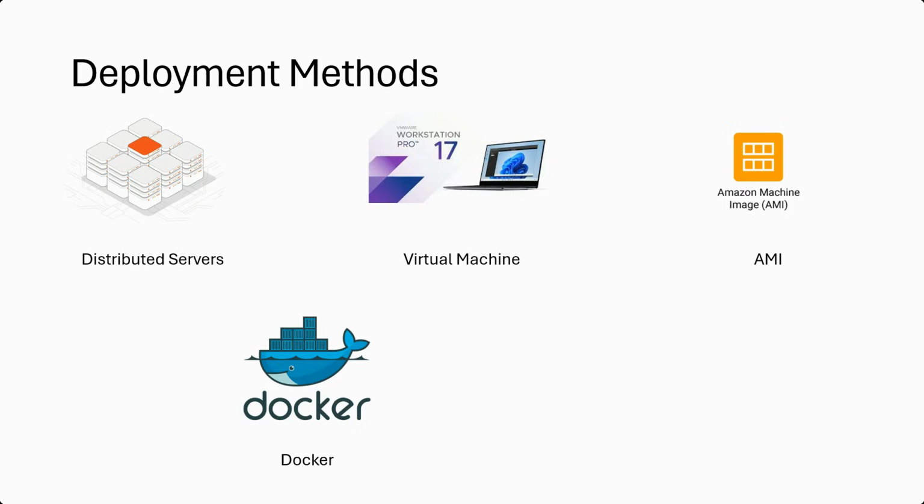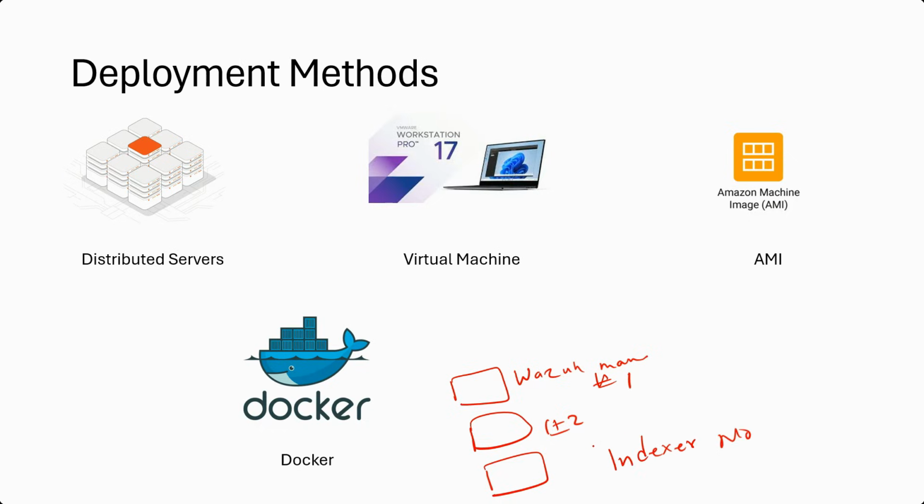Now, multi-node deployment is the one where we have two Wazuh managers. This is one. This is two. Okay, and one will be the master, another will be the worker node, and the third node will be our indexer node.